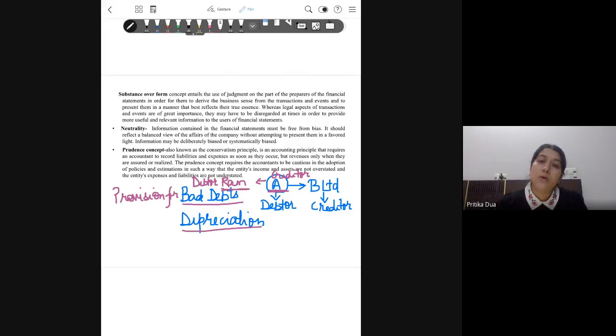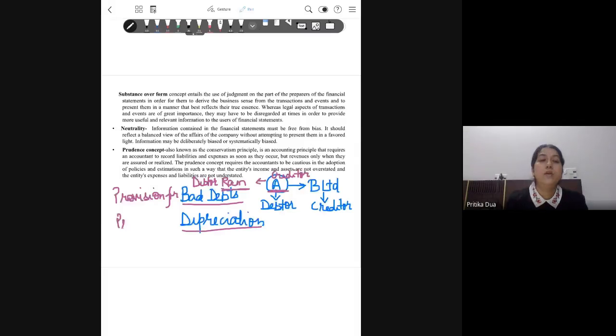Depreciation is also a possible loss. Okay, so we make provision for depreciation also. So these are few simple examples of being prudent in your approach to preparing accounting statements.